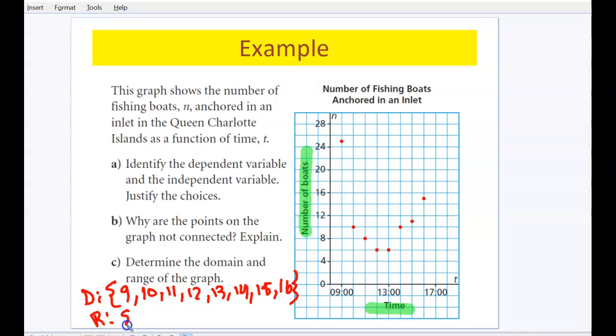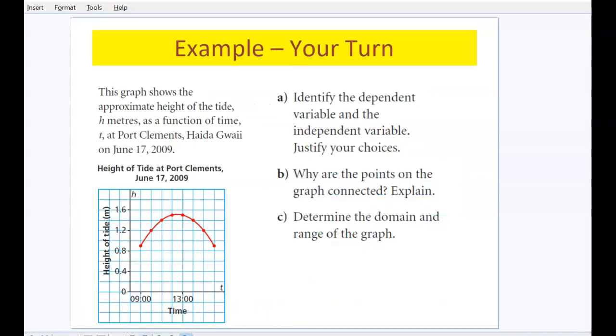The range would be my y values, and it looks like I have 6 as my smallest, 8, 10, this dot here would be 11, 15, and 25. So those would be the sets of the domain and the range.